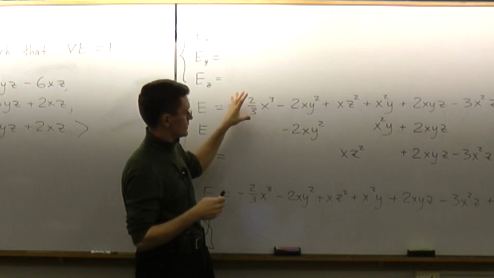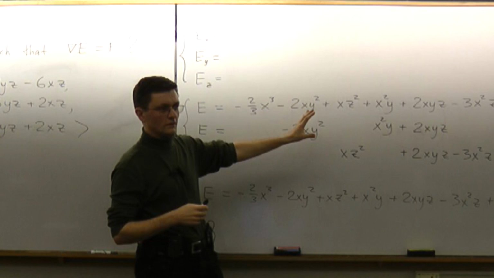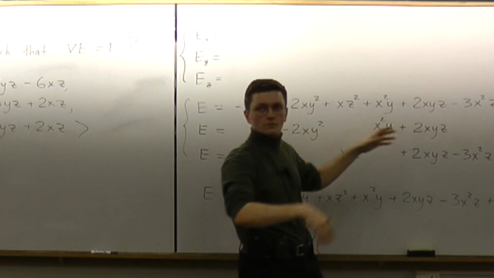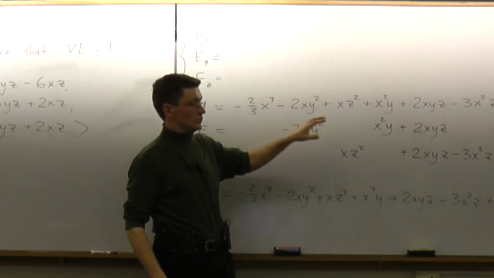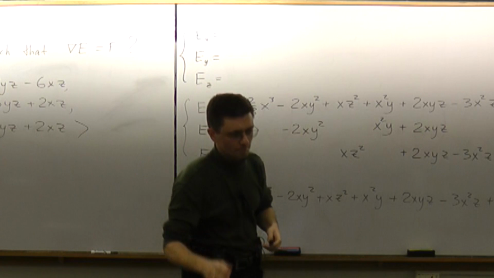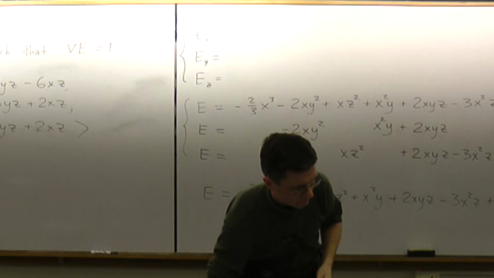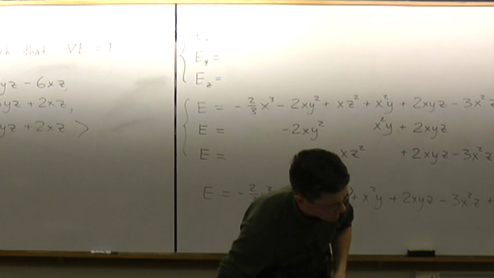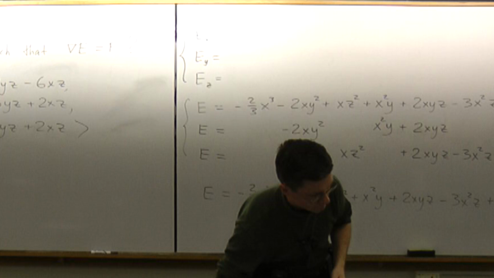So what I suggest is that you use a table. You make a table with 3 rows and 10 columns or something, and you put these terms in that table. So sort of the way I did here.